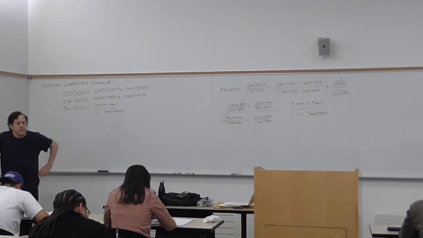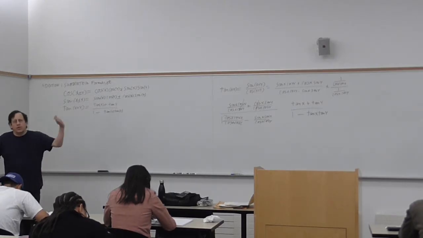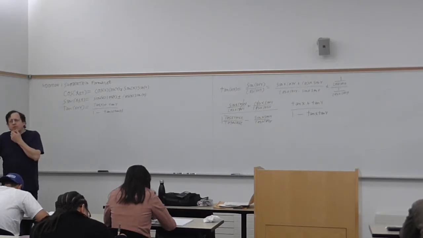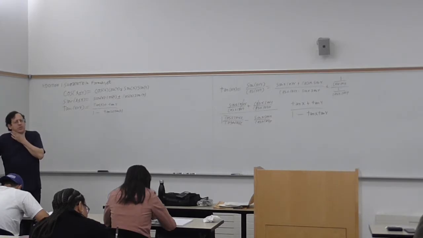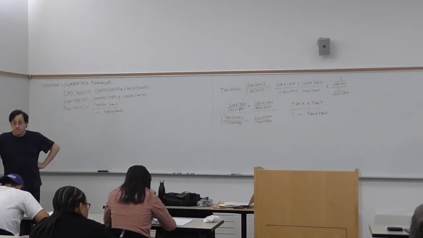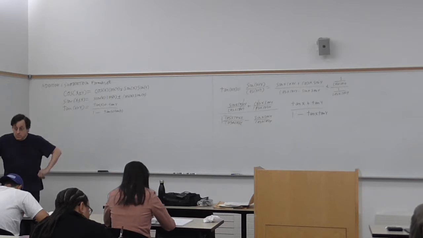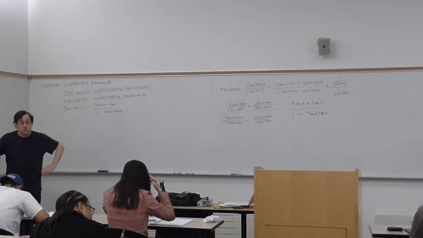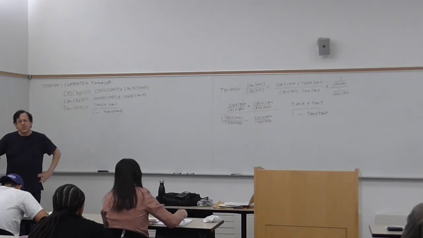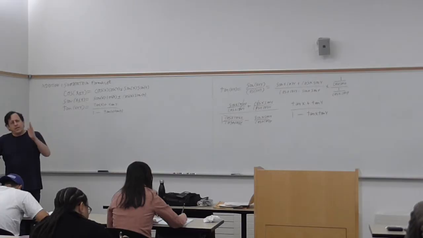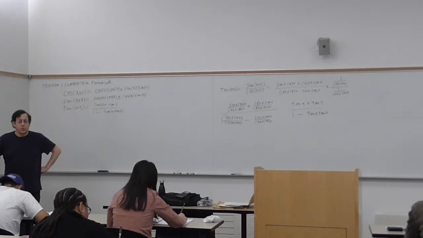Let's think for a minute. Sine was an odd function. Cosine was an even function. Sine over cosine is a tangent. What kind of function is the tangent function? Is that an odd or an even function? Anyone recall? Odd. It's an odd function. If you think about it a little, if you multiply an odd by an even, it's got to become an odd function, or if you divide.